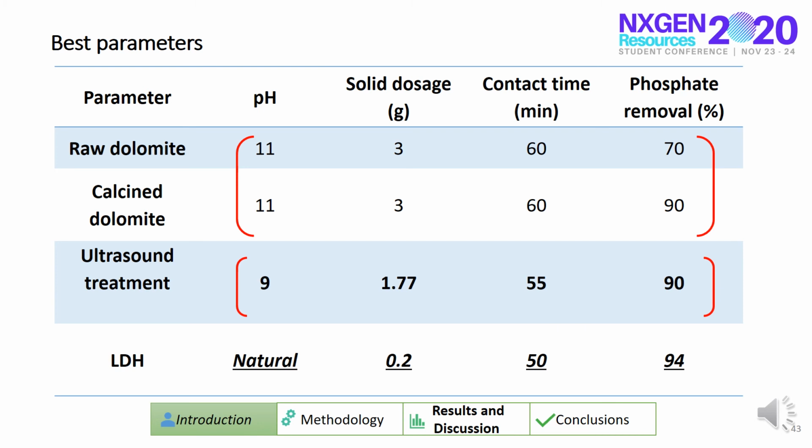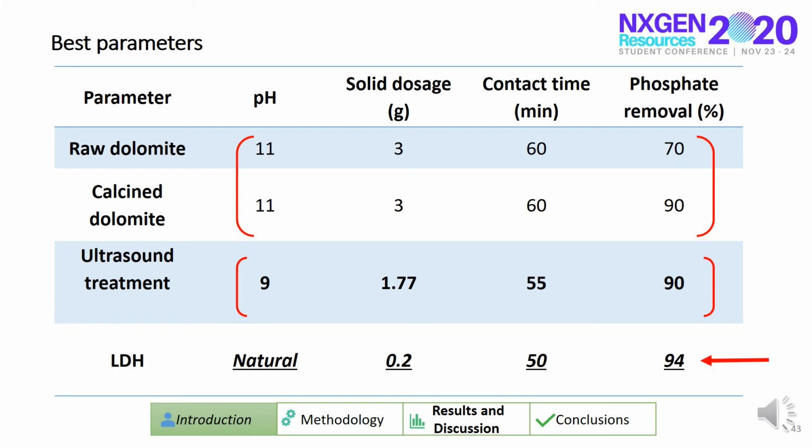The best operational parameters for dolomite treated with ultrasound bath were pH 9, 1.7 grams of solid dosage, and 55 minutes of contact time, with about 90% of phosphate removal.